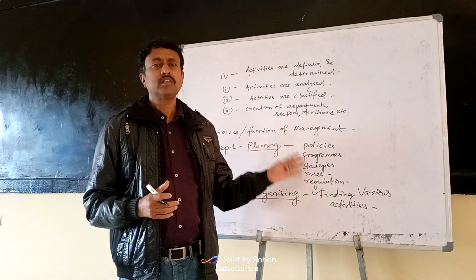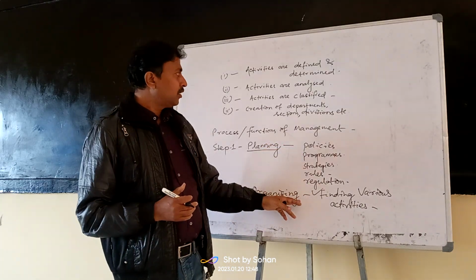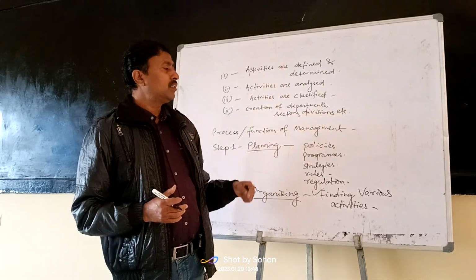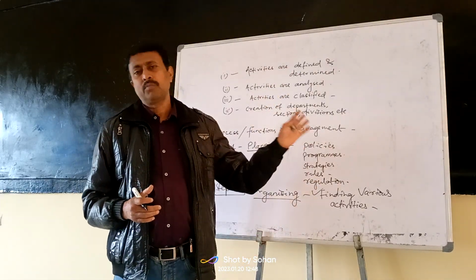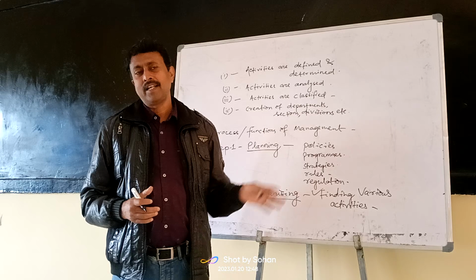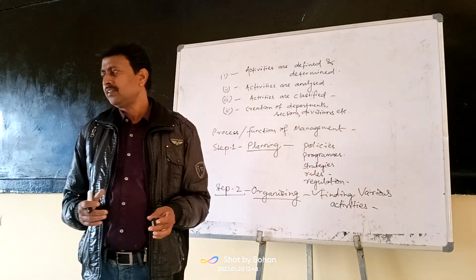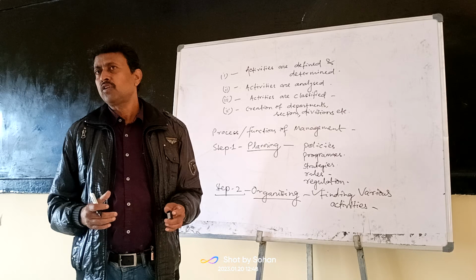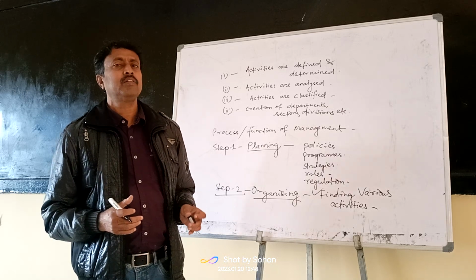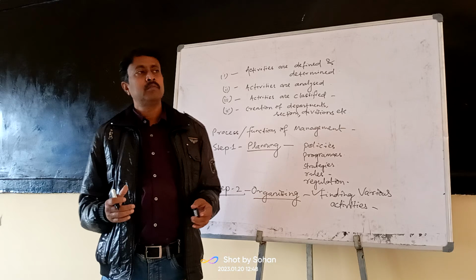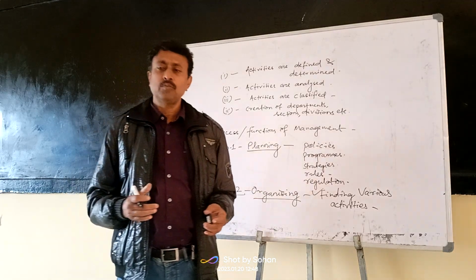So in the organizing process, the organization is formed: finding the activities, dividing the activities, formation of groups and departments. Then finally the positions are also created. Positions created means particular job positions are created, so that a person assigned to a particular job can do the work to achieve the objective.